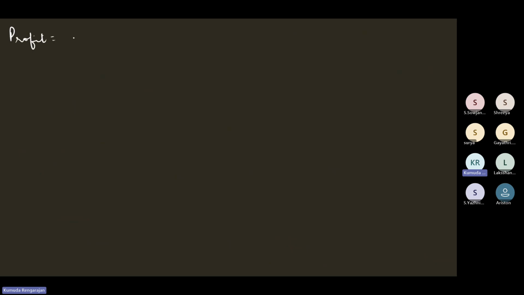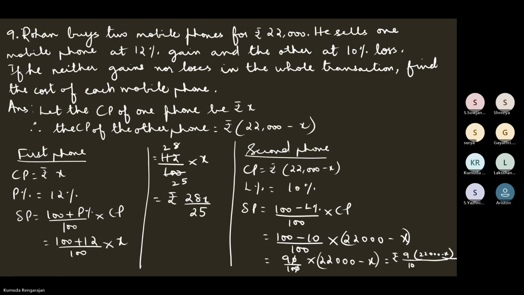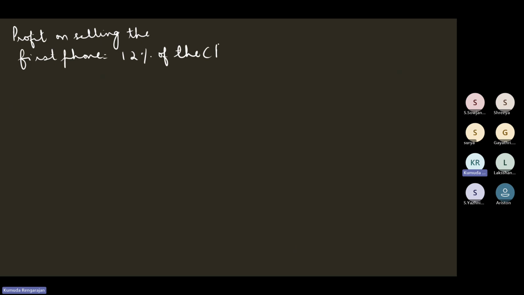We know that profit is always applied on the cost price. So profit is 12% of the CP. Profit on selling the first phone is equal to 12% of the cost price.